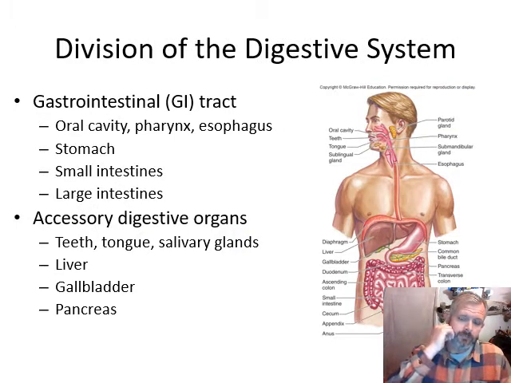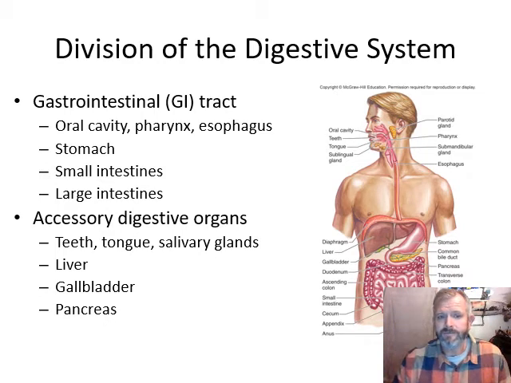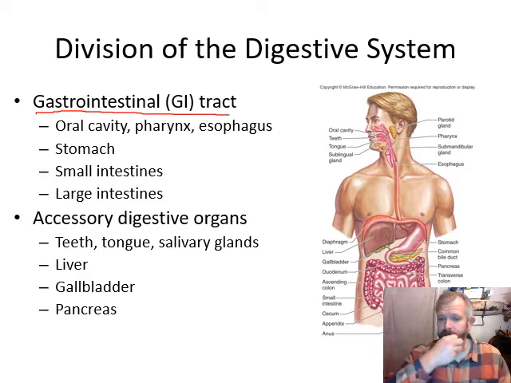So let's do just a brief macro overview of the divisions of the digestive system. Okay. The main feature of the digestive tract is the gastrointestinal tract, the GI tract. That essentially is the organs of the tube that run from the mouth all the way down to the anus.